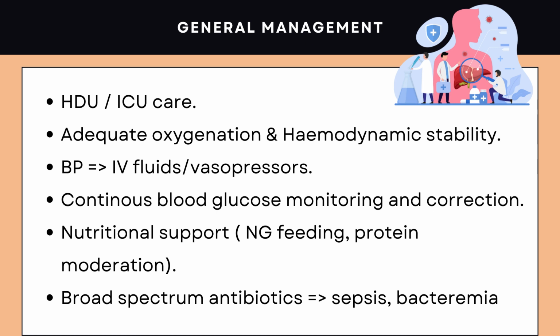Oral or NG feeds are preferable to parenteral nutrition because parenteral nutrition has metabolic complications and the risk associated with infection. Administer broad-spectrum antibiotics such as IV ceftriaxone in all patients because invariably these patients have superadded sepsis or bacteremia with severe encephalopathy and multiple organ failure.